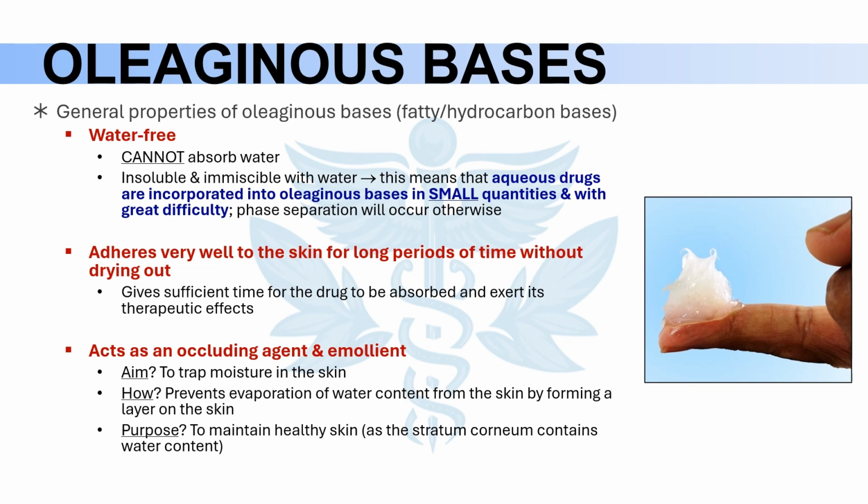Okay, for us to moisturize and maintain the health of our skin, we should preserve the composition of the stratum corneum, right? So we need to trap the water in the skin to maintain healthy skin. What is the best way to do this? By using an occluding agent such as oleaginous bases.